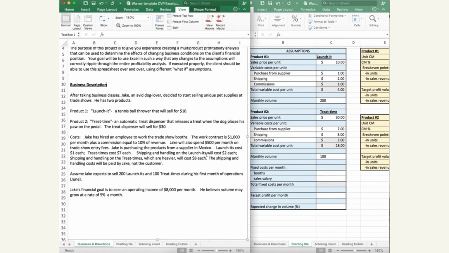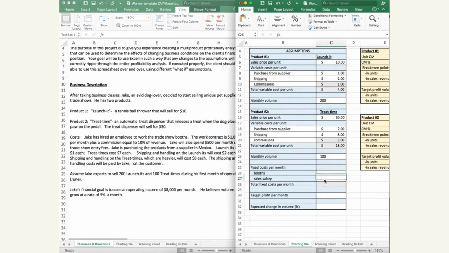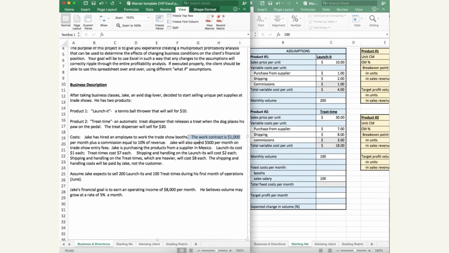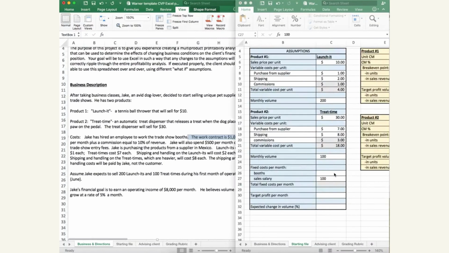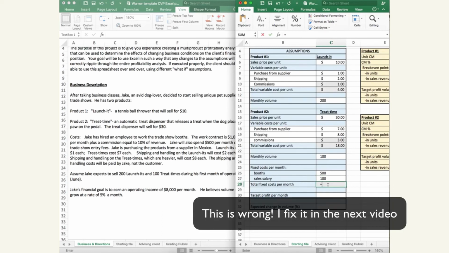So we have the work contract is $1,000 a month, so that's salary down here, and $500 a month on trade show entry fees. So those are the booths that I'm calling it. All right, so there's our total fixed cost. Then is going to be the sum of those two, which is $1,500.